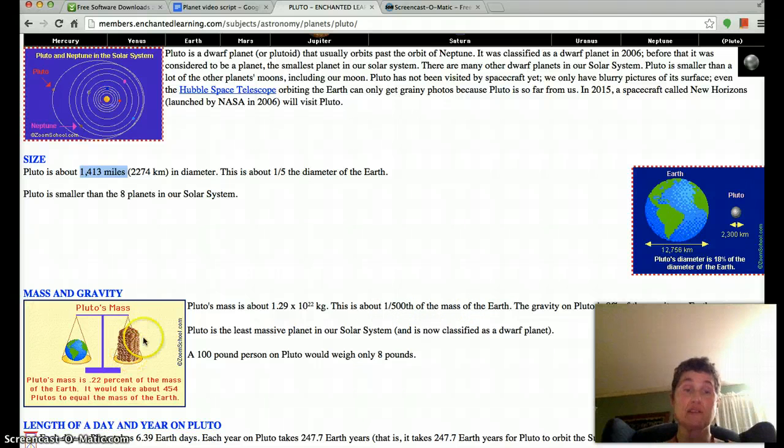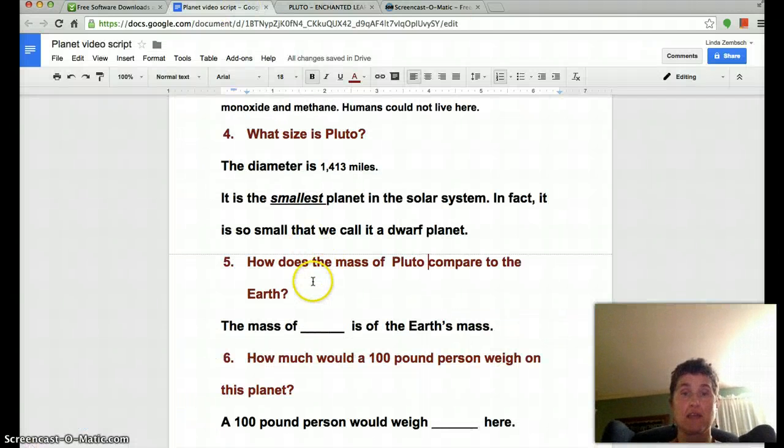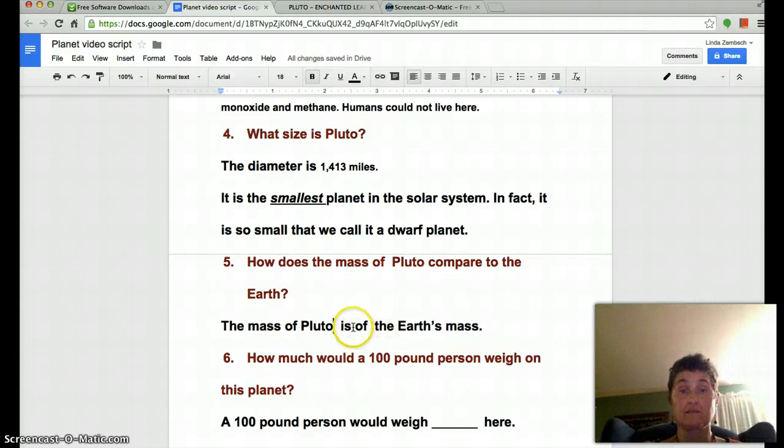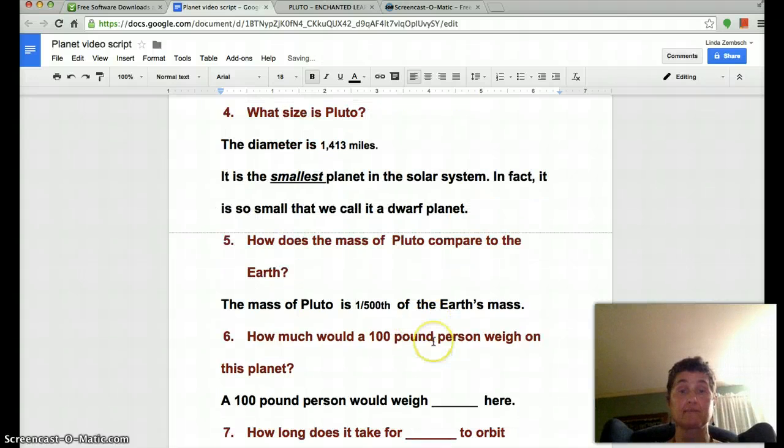So 500 Plutos makes one Earth. I'm going to copy that information and the mass of Pluto is 1/500th of the Earth's mass.